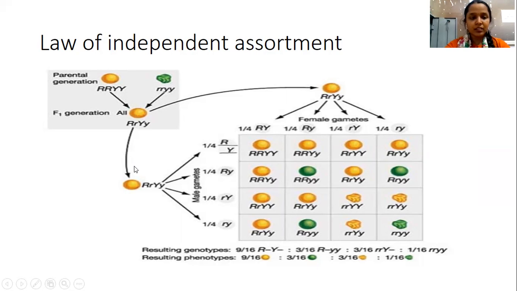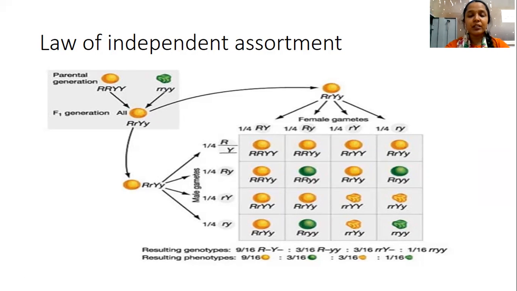When this F1 offspring undergoes self-fertilization, without expecting anything, he got 16 different combinations of offspring. When the 16 different combinations of offspring were obtained, he concluded that whatever alleles are there, they have segregated independently. That is what the law of assortment explains.